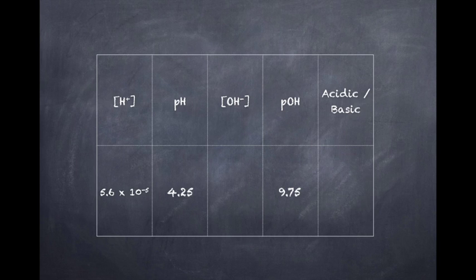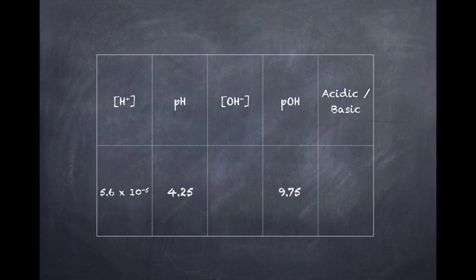Now keep in mind your pOH equals the negative log of your concentration of hydroxide ions. Remember, there's an implied base 10 for your log. And so to solve for your concentration of OH, I'm going to take 10 and I'm going to raise it to the negative 9.75.